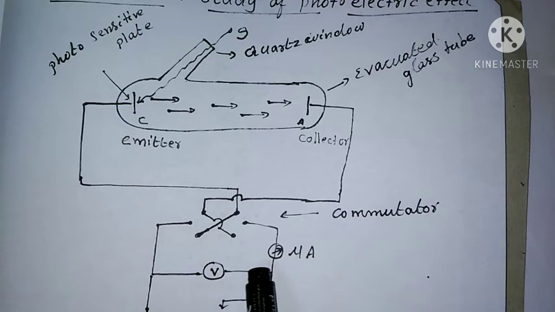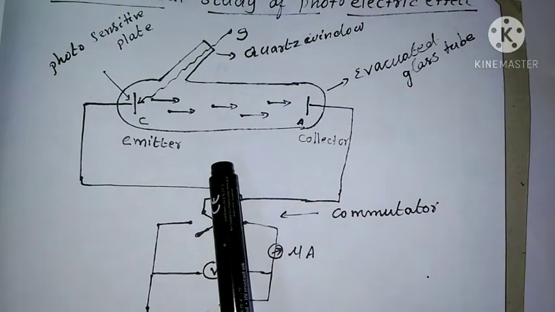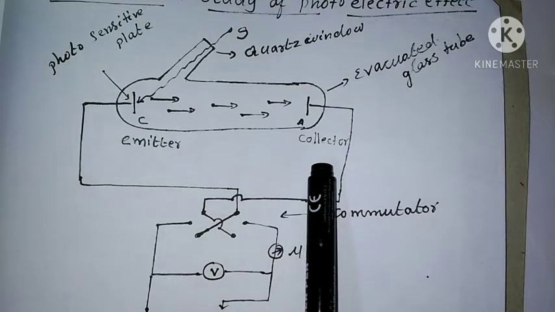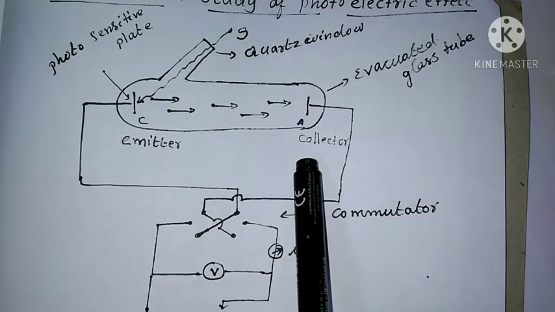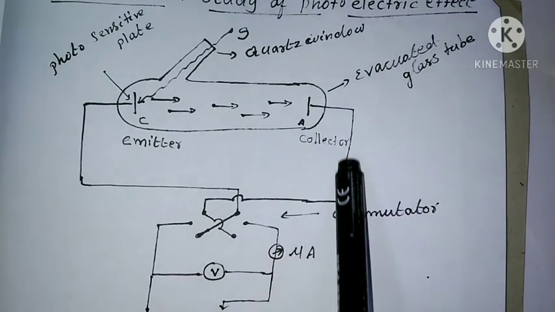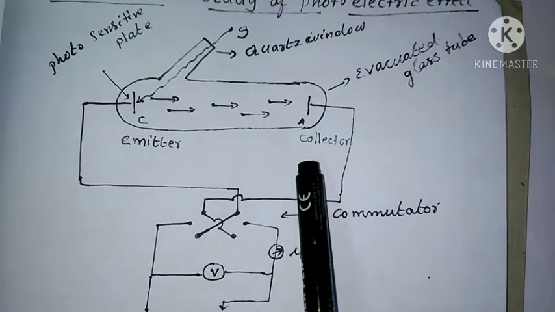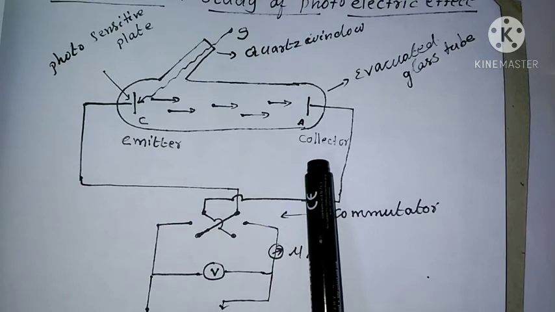For a particular frequency of the incident radiation, the minimum negative potential given to the collector for which the photocurrent stops or becomes zero is called the cutoff potential or the stopping potential.